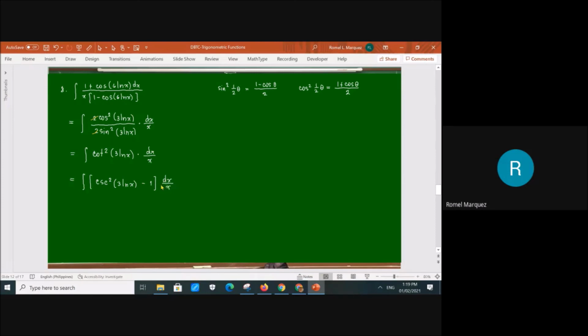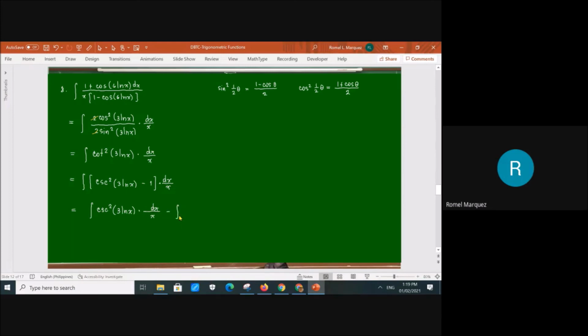Dx over x. And this is equal to, so let's integrate term by term. Integral of cosecant squared of 3 ln x times dx over x. Yan. So I'm planning to put something here later.